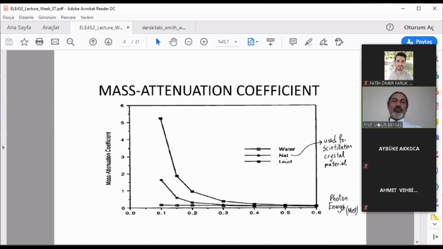So scintillation means that crystal, or that chemical structure, receives gamma rays having 511 kilo electron volts, and they are transformed to visible light, tens, thousands of visible light photons to burn the film or to be detected, okay? And lead, as you know, is a very high X-ray or gamma ray absorber.